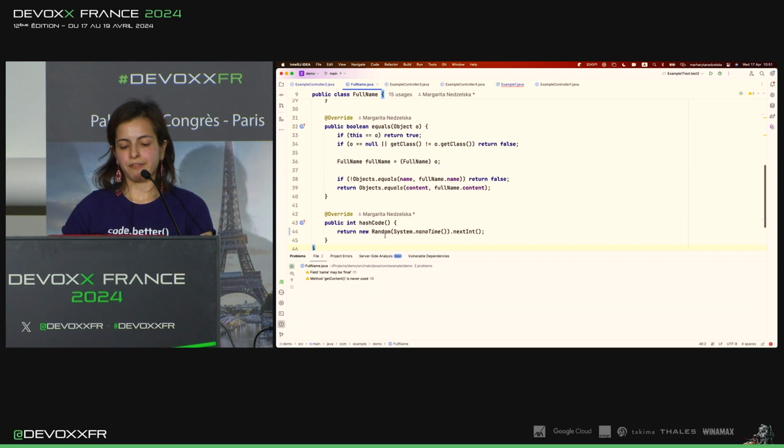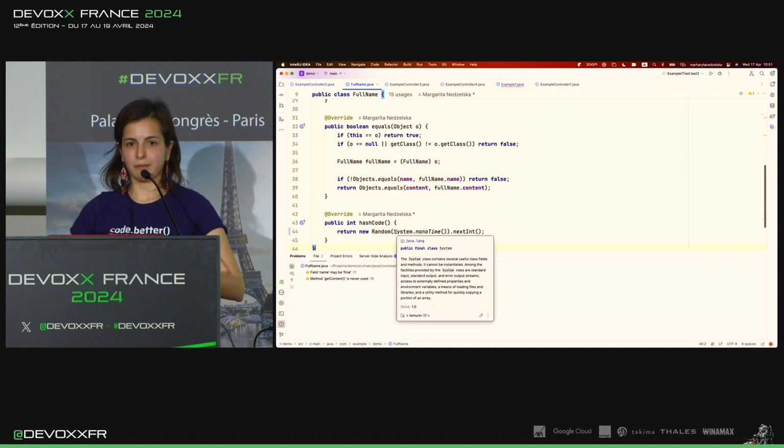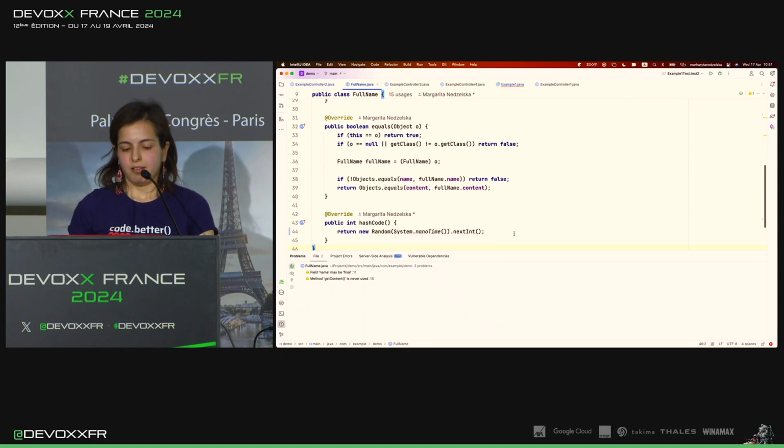What happens if the hash code is random? It means that you might not find the proper bucket, and you will never get the proper object, and it means that you will be putting more and more objects into the hash map, but you will never overwrite the same object. So instead of having 2 instances, we might have thousands of instances.